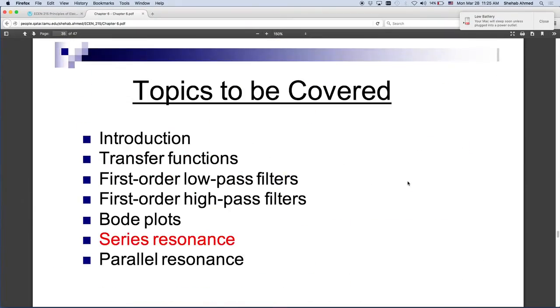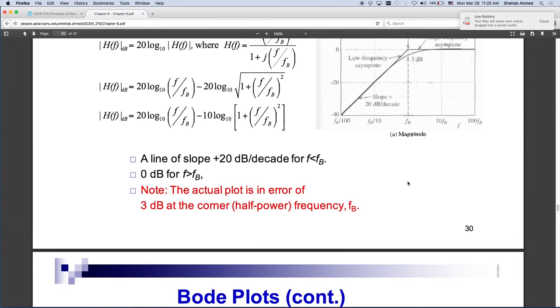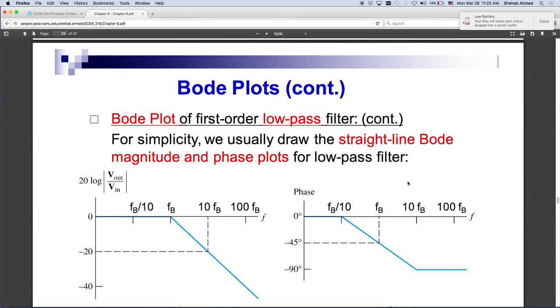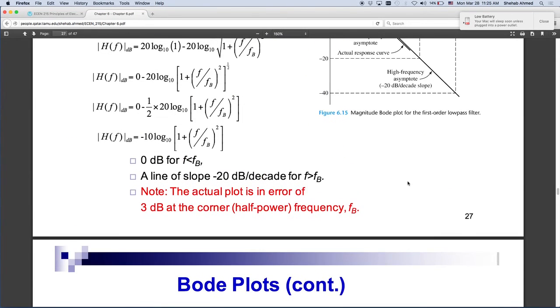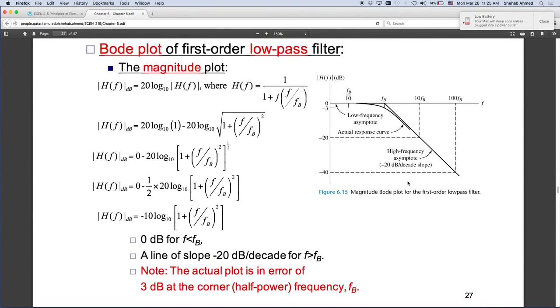If we go back to our low pass filter derivation, we saw that at the break frequency, at f equals fb, I am calculating minus 10 times log base 10 of 1 plus 1. The log base 10 of 2 is 0.3, and 0.3 multiplied by 10 was the minus 3 dB.